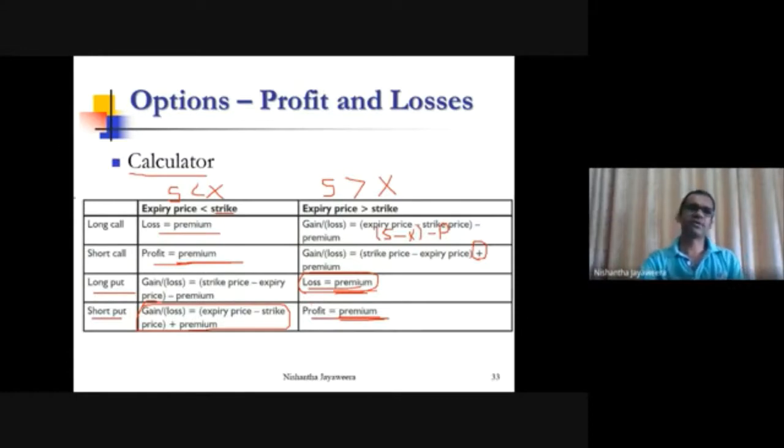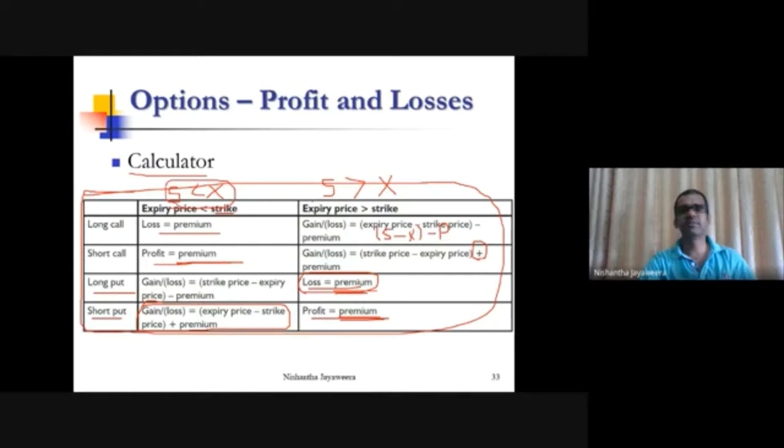So I'm not asking you to remember this table. Don't do that. I think it would be difficult, but try to understand, as an option buyer, what do you do in these two scenarios: when the spot price is less than X, the strike, and when the spot price is greater than X. As a put option buyer, what do you do here?